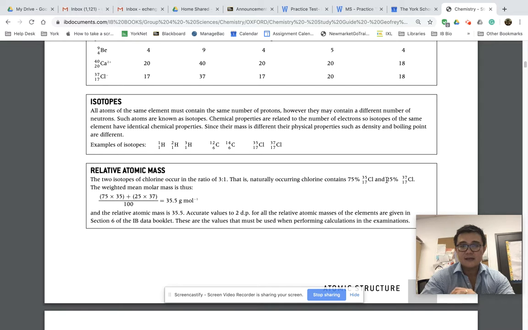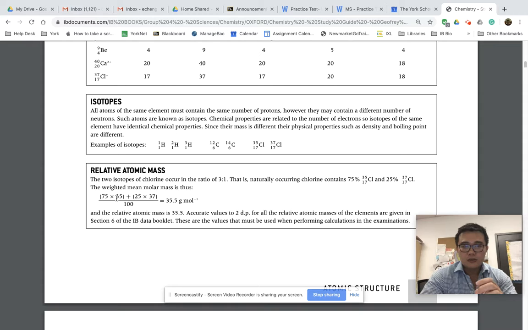Now, when we're talking about this, if you look at a periodic table, you get a decimal number, right? We said this in class before. The reason why you have a decimal number, even though you have a whole number mass number, is because it is a weighted average.